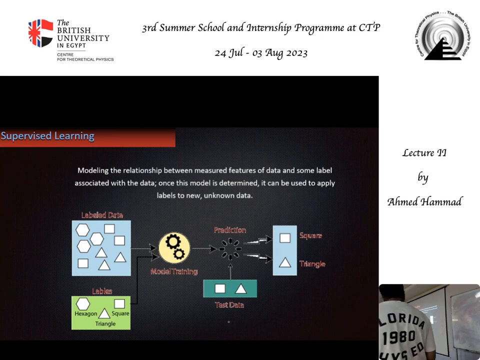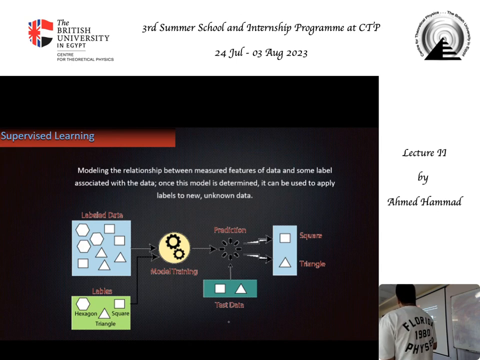Okay, example here. For supervised learning, we have the labeled data, the data itself, and then the labels. Here we have a square, some hexagons, and a triangle, right? Those are shapes, but I still have the labels of the shapes.